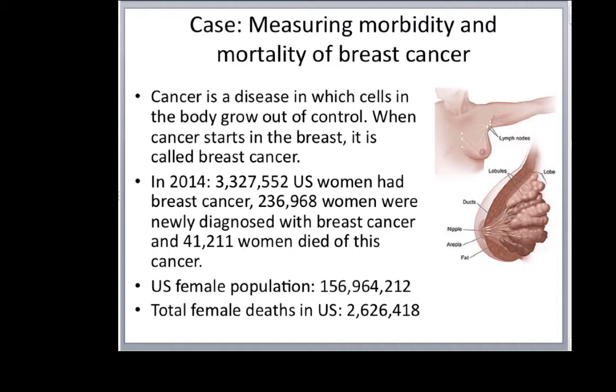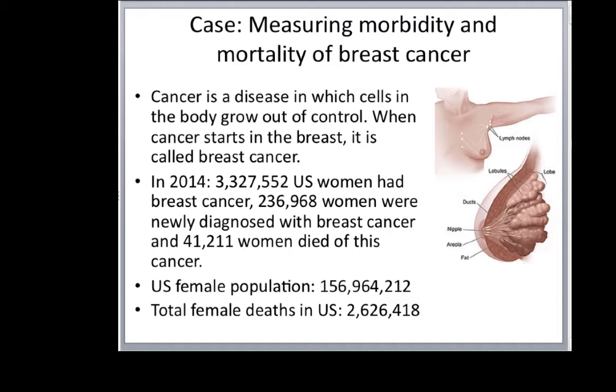So as soon as somebody has a calculation for incidence, go ahead and raise your hand. All right, go ahead. 1.5 per 1,000. Yeah, I got that as well. So to do that, remember we take 236,968. That's the number of new cases in 2014. Divide that by the total people at risk in the population.